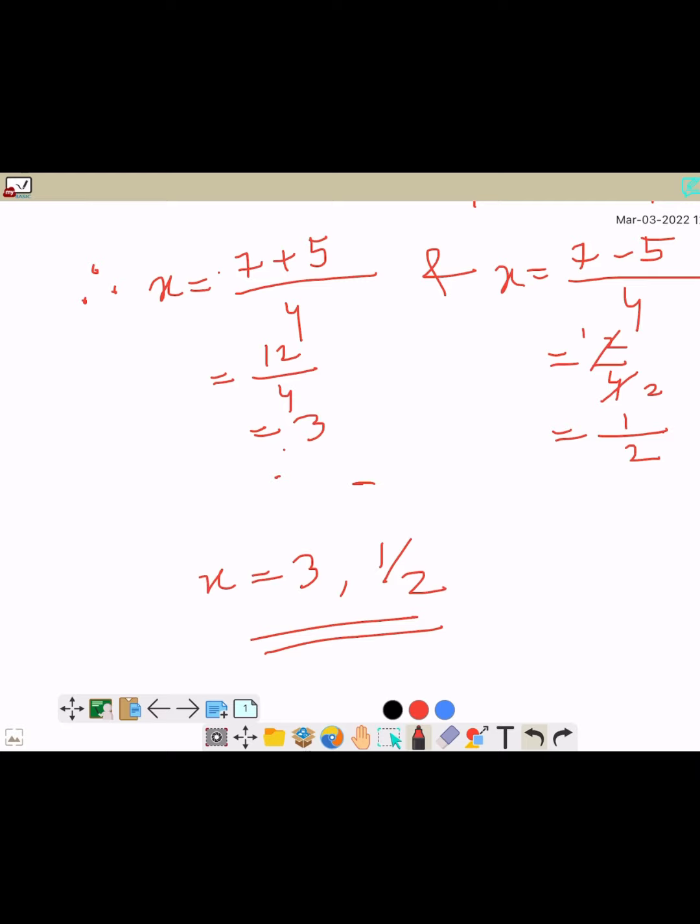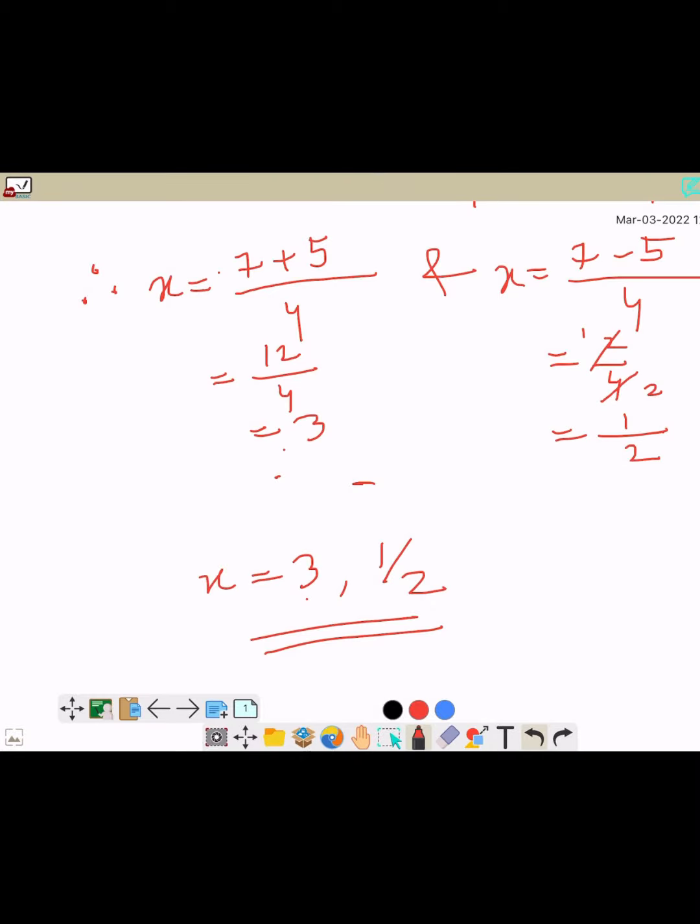We have two solutions because it is a quadratic equation. A quadratic equation will always have two solutions, because the variable has a square, which means two values. So one is 3 and the other is 1 by 2.